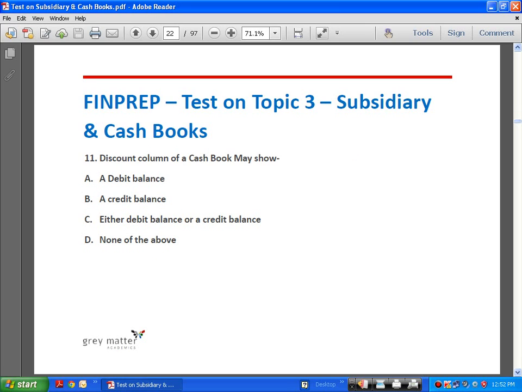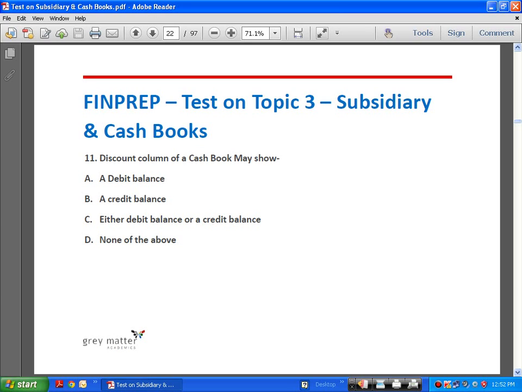Next, discount column of a cash book may show which balance? One thing that we must know is that the discount column of a cash book is never balanced. It is only a memorandum column that is included in the cash book.